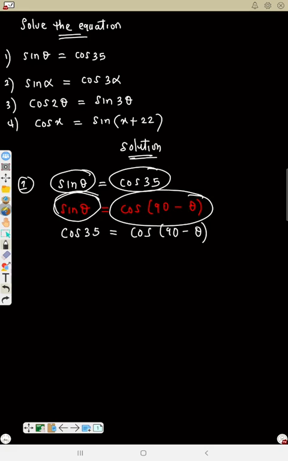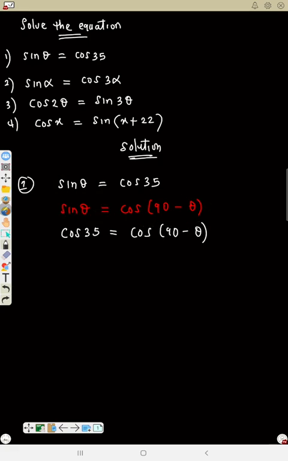So that means cos 35 now will be equal to cos 90 minus theta. So we need to find theta.